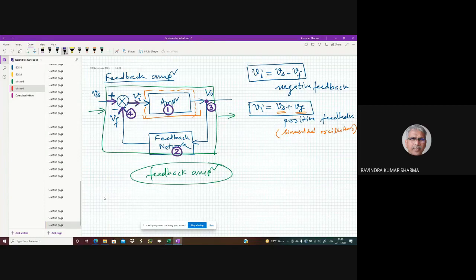So one, amplifier without feedback. Two, feedback network. Three, the point from where we take out the output, and four, the mixing point. Obviously, 3 and 4 will be of different types depending upon the type of amplifier that we have.